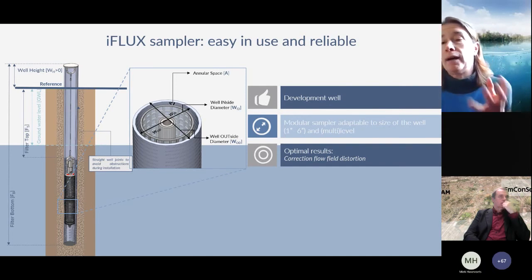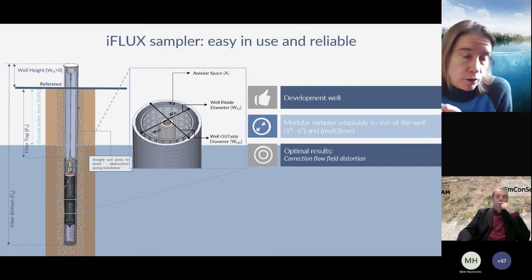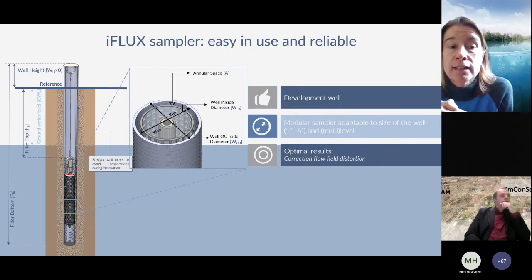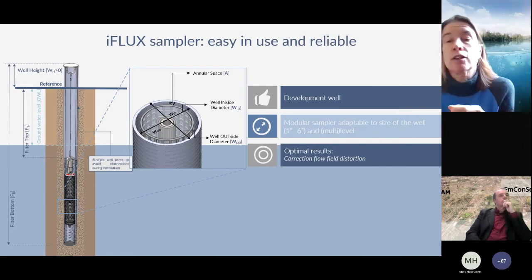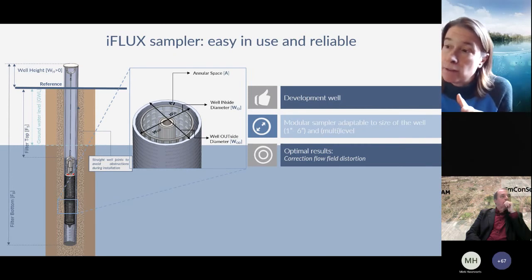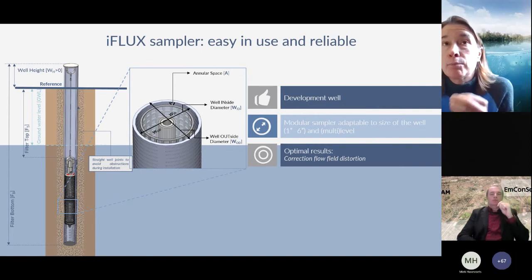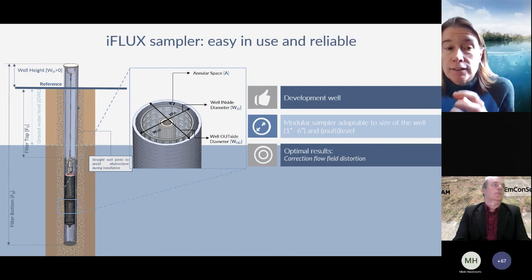Because we know that by installing a borehole and a piezometer, a well on site, the soil is a little bit disturbed. We correct the measured results in the sampler for this distortion based on the available information of the diameter of the well, the diameter of the borehole, and the used filter material. So we can report quantitative results for the flux in the aquifer.